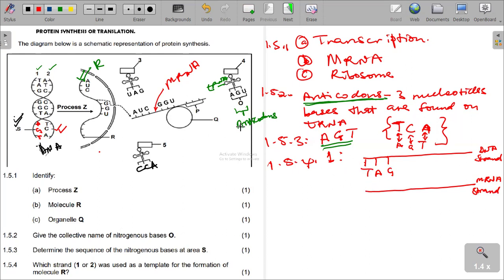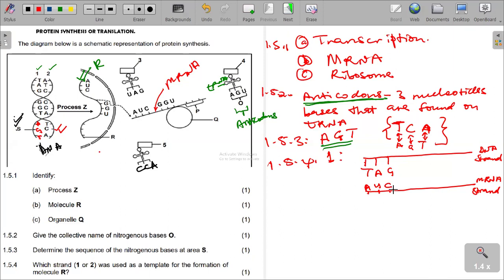So we should have A here, A pairs with T, and then because it's RNA, we no longer have T, we have got U here, and then we have got C here as the complementary base that's supposed to pair with that G. G pairs with C. So we have got AUC pairing to TAG. That is given there. That is what is happening.